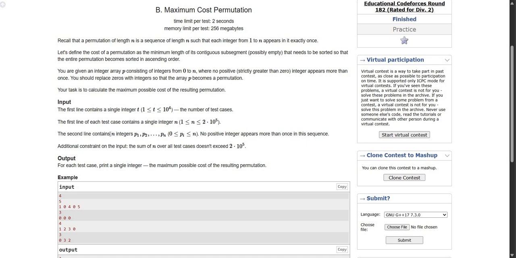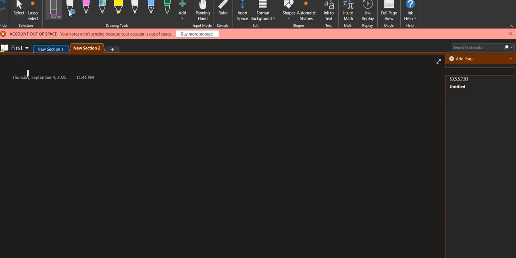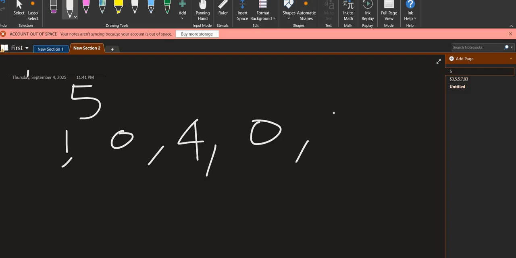The initial array that you're going to get is a set of numbers, but some of the values are going to be 0. For example, let's take this example: it's going to be 5 values, 1, 0, 4, 0, 5.